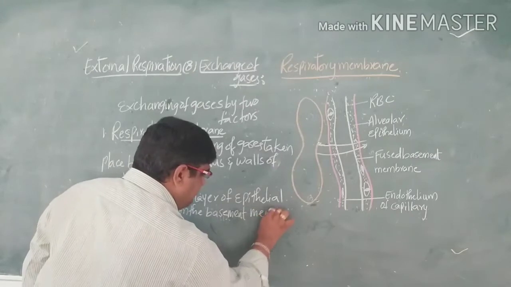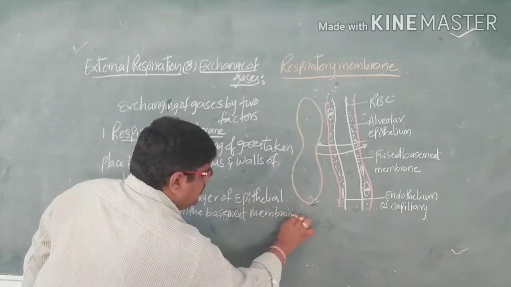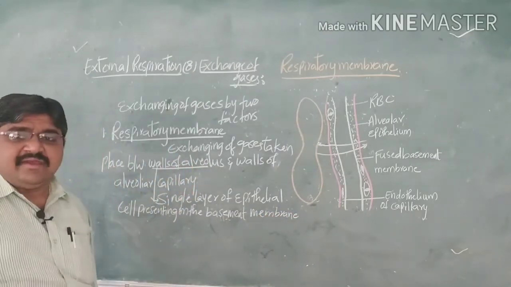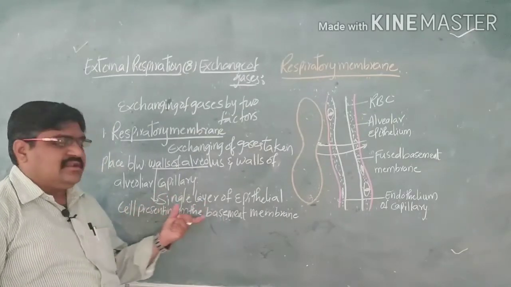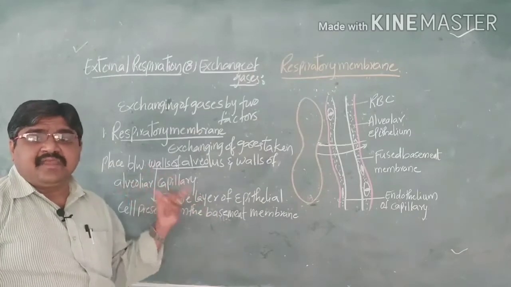That means the walls of the alveolus are made up of a single layer of epithelial cells resting on the basement membrane.